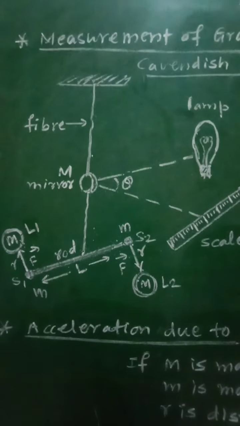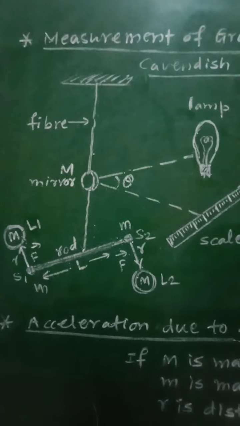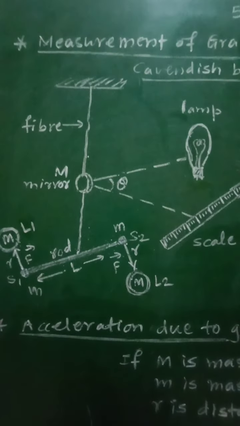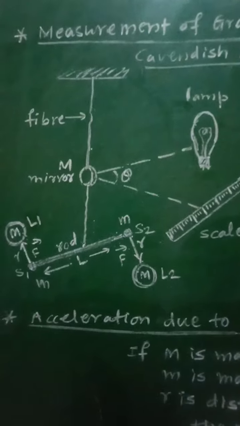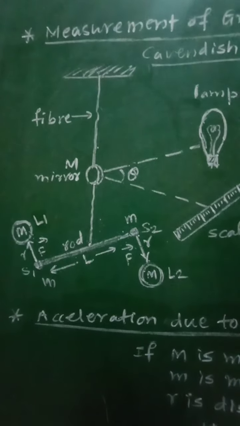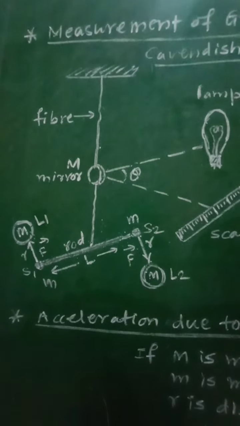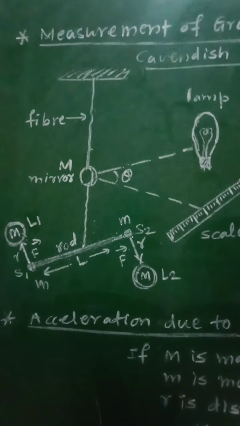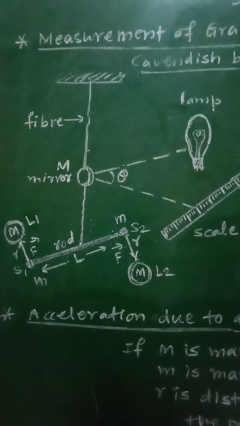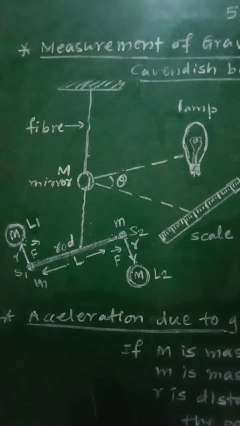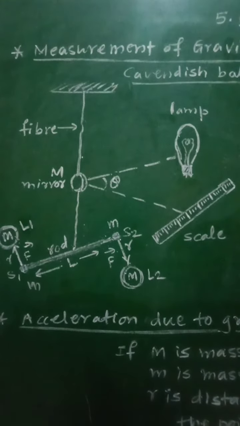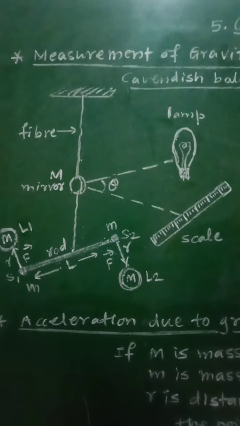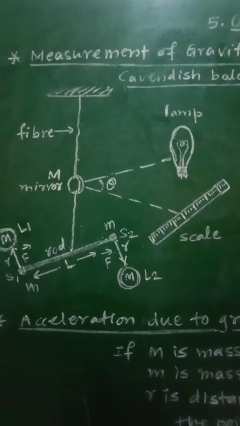Now the gravitational force between the spheres is the same if their masses are concentrated at their centers. If the masses of these spheres are concentrated at the centers, then and only then is the gravitational force between the two spheres the same. Now suppose r is the initial distance of separation between the centers of the neighboring big and small spheres.